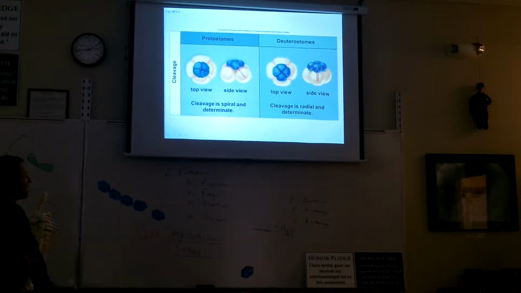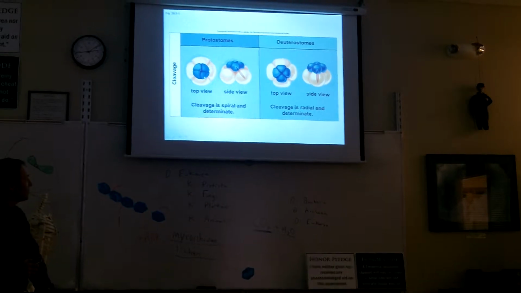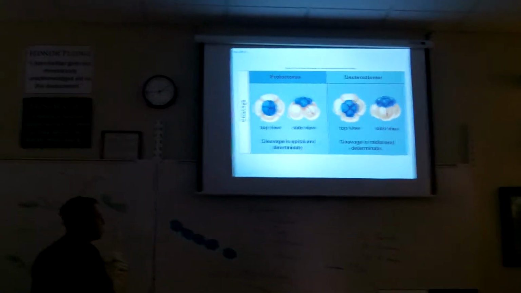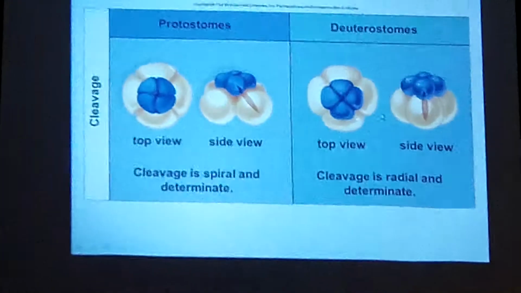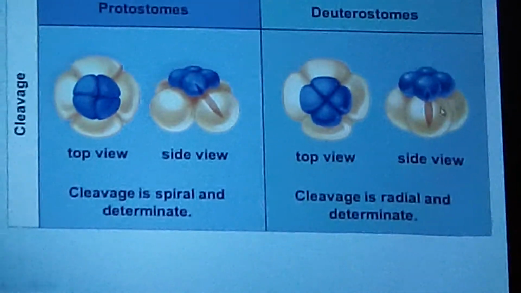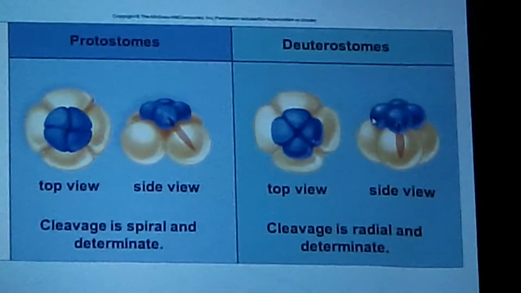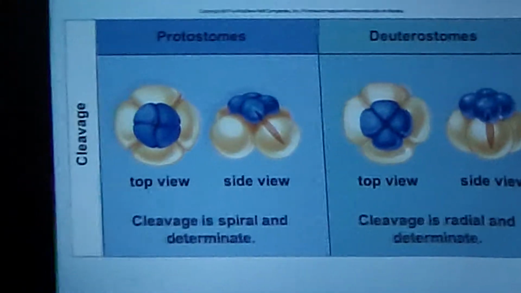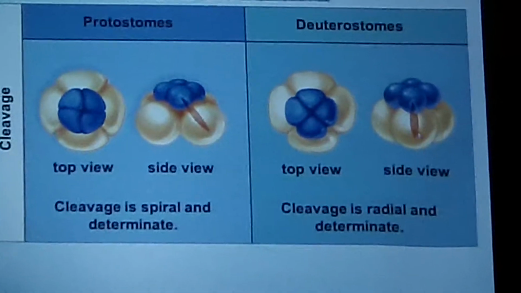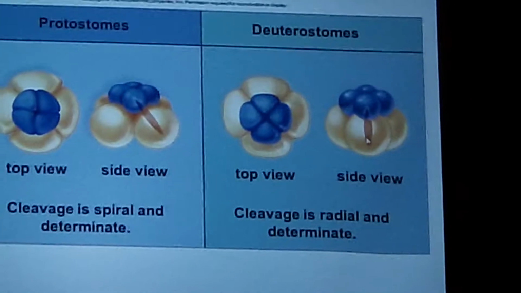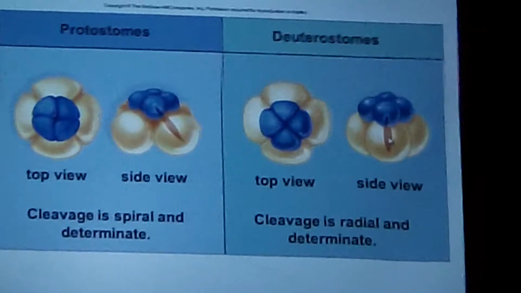Protostomes, at the 8-cell stage, they look like this. Deuterostomes, at the 8-cell stage, they look like this. Look at the deuterostomes from the side. 4 big cells on the bottom and 4 smaller cells on top. And the small cells are right above the bottom cells. See how they're right straight above?